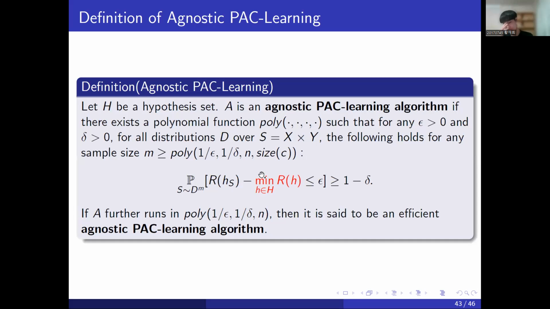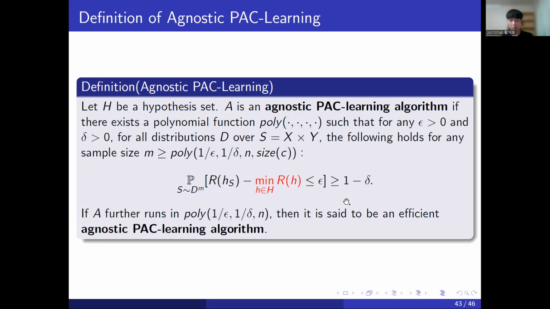After I suggest this example, I introduced an extension of PAC learning, which is agnostic PAC learning. Let H be a hypothesis set, and algorithm A is an agnostic PAC learning algorithm if there exists a polynomial function such that for any positive epsilon and positive delta, for all distributions D over X times Y, the following holds for any sample size m greater than or equal to these terms, and which satisfies this condition.